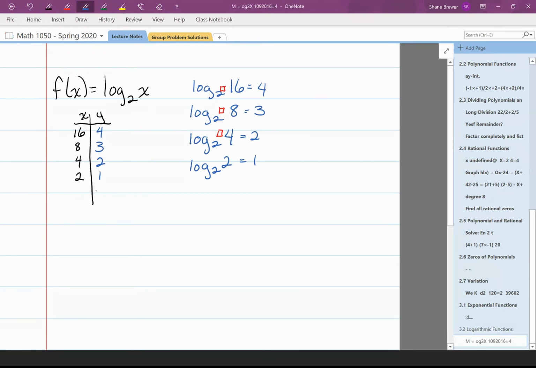Just notice if I would have, say, plugged in a 5, I would have needed to go log base 2 of 5. 2 raised to what power is 5? Well, it's not 1 because 2 to the 1 is 2 and that's too small. It's not 2 because 2 to the 2 is 4 and that's too small. It's not 3 because 2 to the 3 is 8 and that's too big.